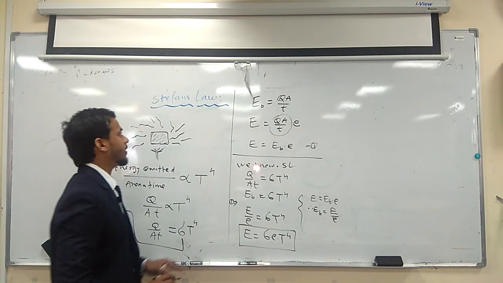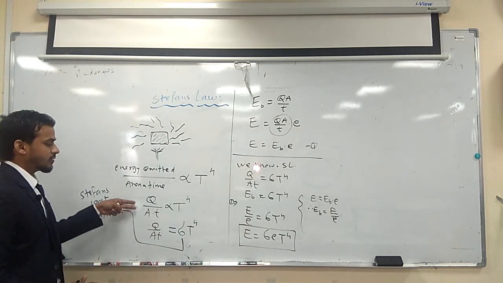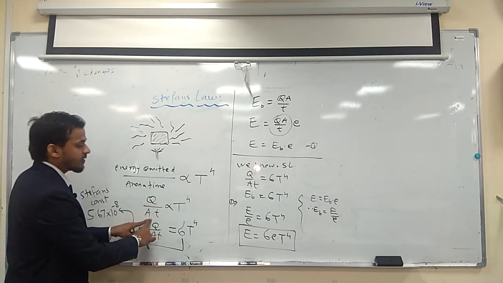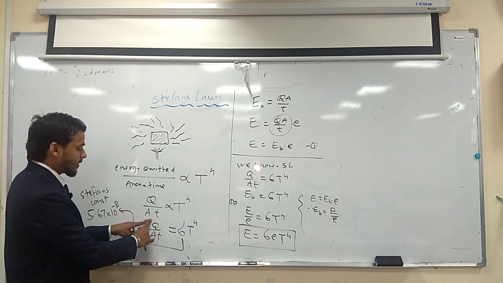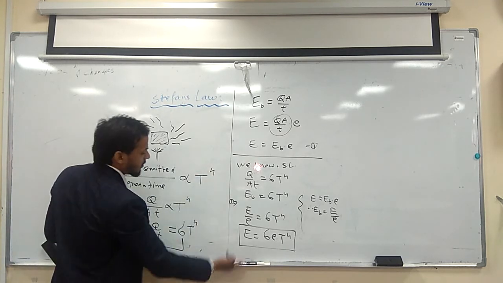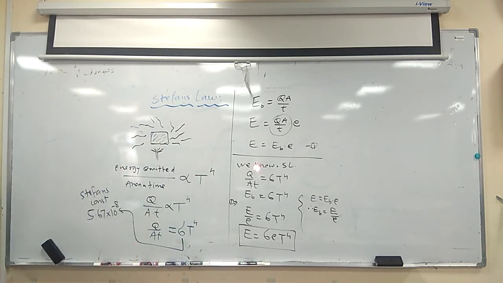In this way we can modify Stefan's law. Otherwise this is only Stefan's law. But this ratio is the emissive power of a black body. We will not always talk about the black body, we want ordinary bodies also. That's why we can make it like this.